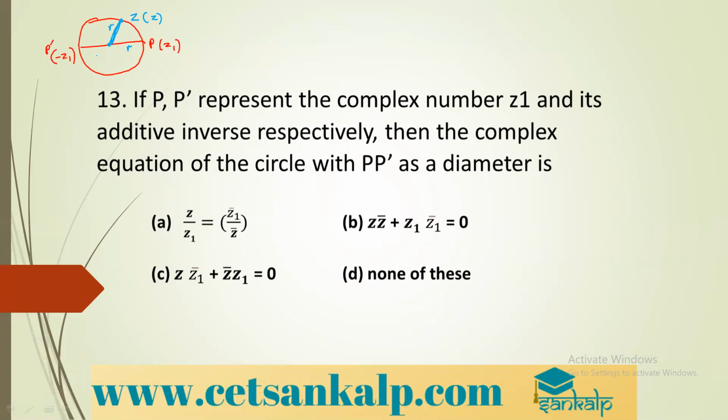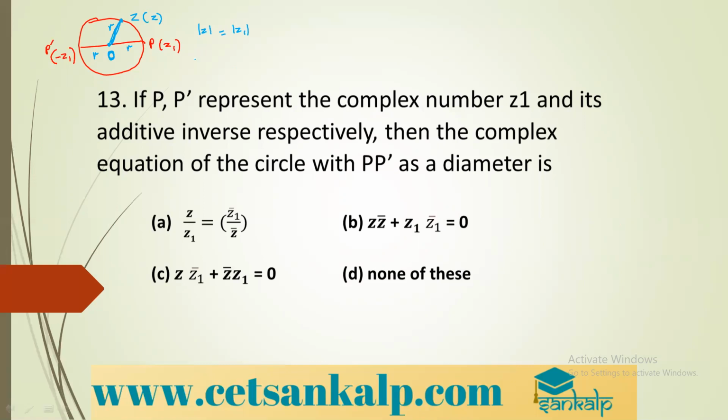Similarly, this is also the radius, and this is also the radius from the center origin. So I can say modulus of Z will be same as modulus of Z1. Similarly, I can say modulus of Z will be same as modulus of Z2 also.